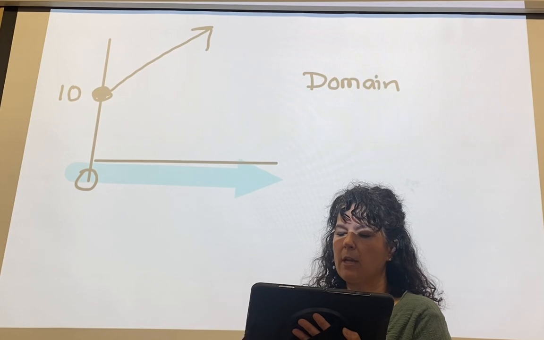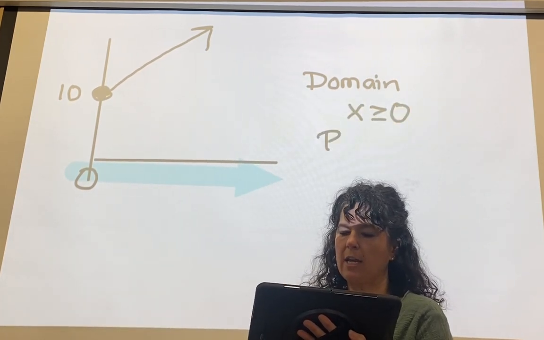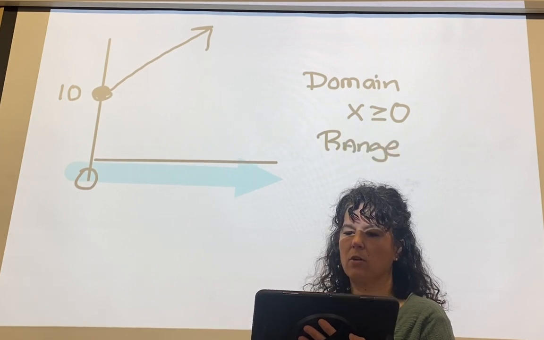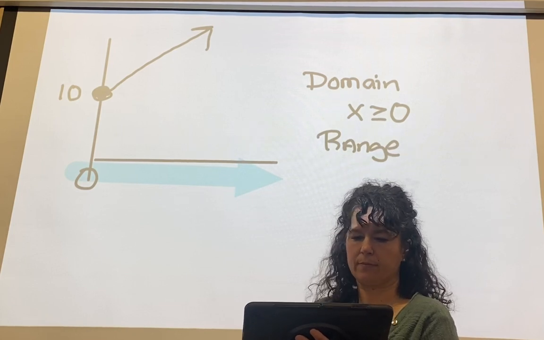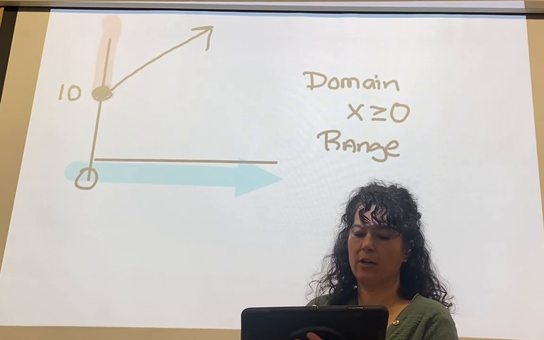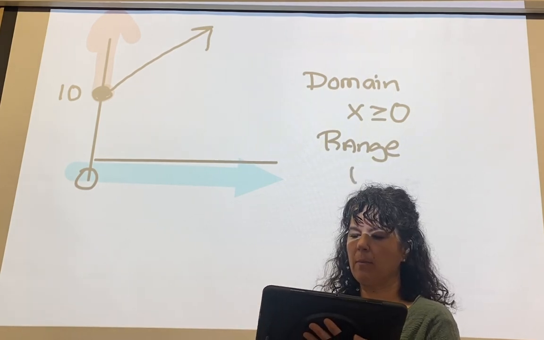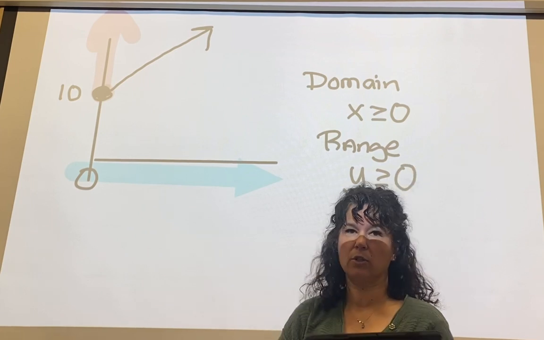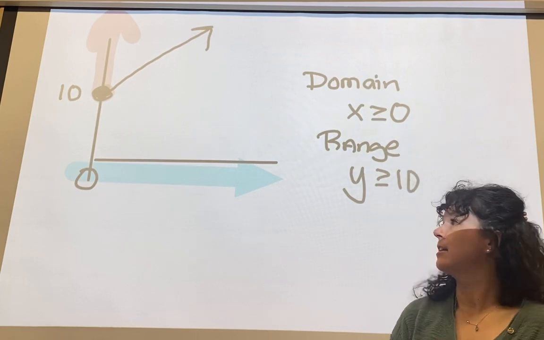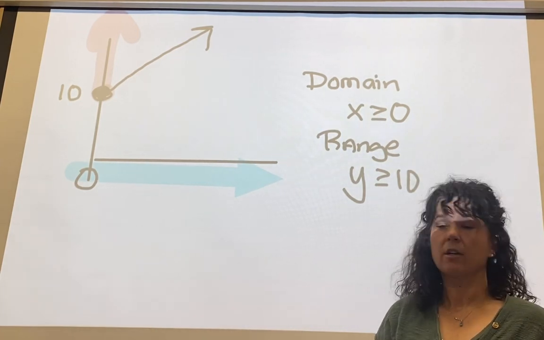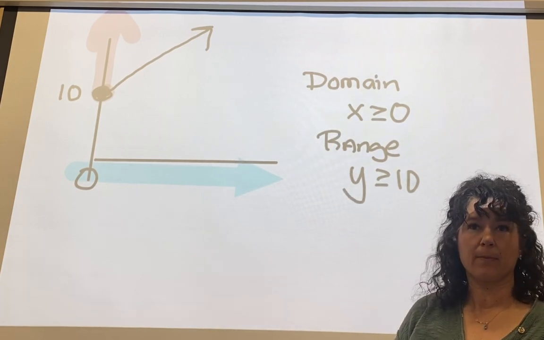So my x's are greater than or equal to 0. Okay, but how about the range? What's the lowest this can go? Yeah, 10. So it's gonna go 10 and up forever. So my range on this one would be my y is greater than or equal to, oops, not 0, sorry, 10. Because for all those points, the lowest it ever is is 10, and then it goes up forever. Okay, that looks good.